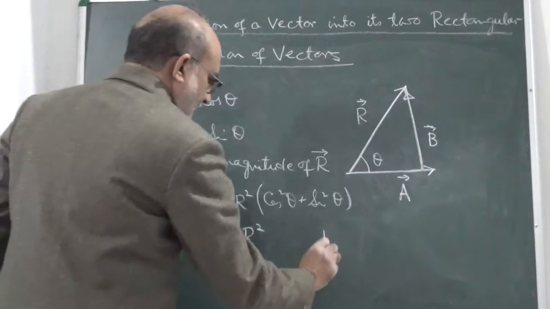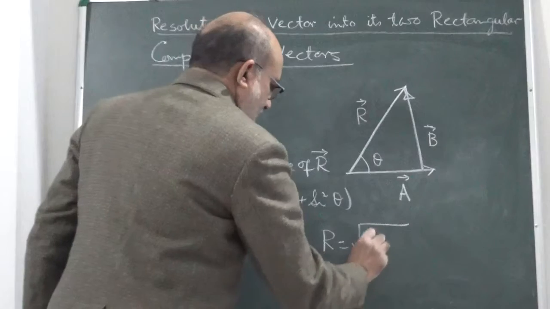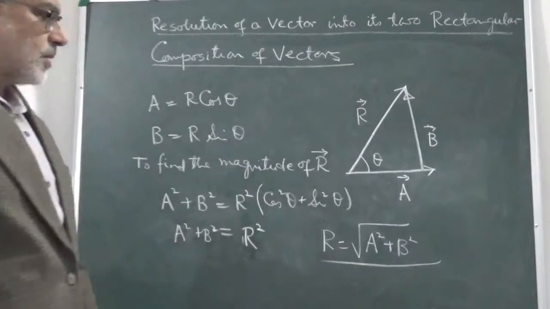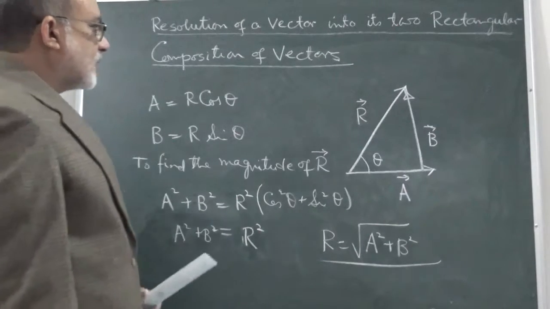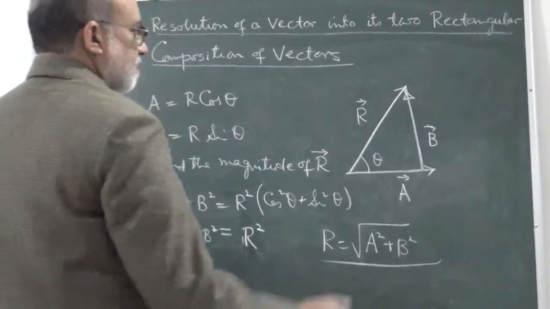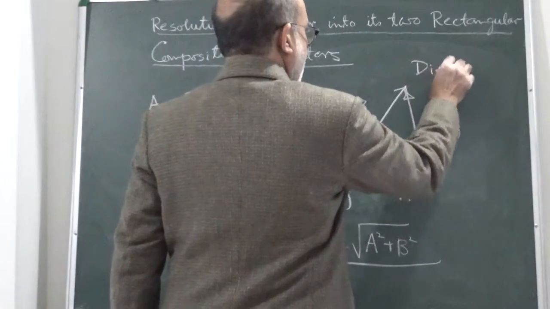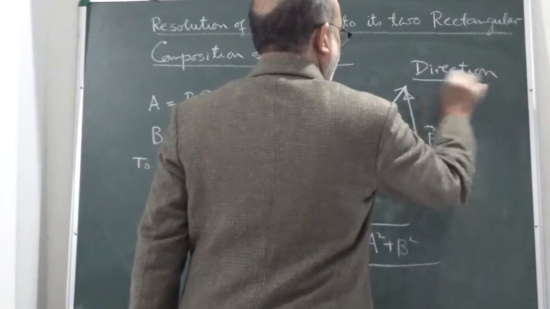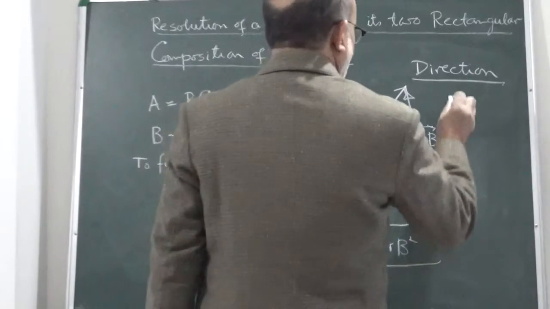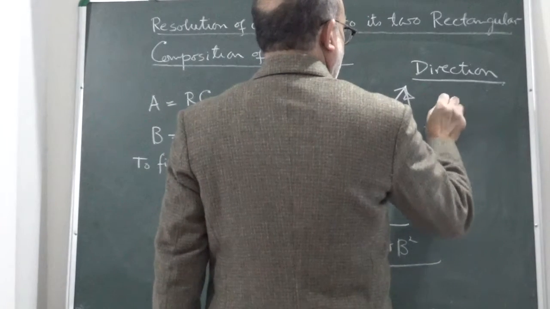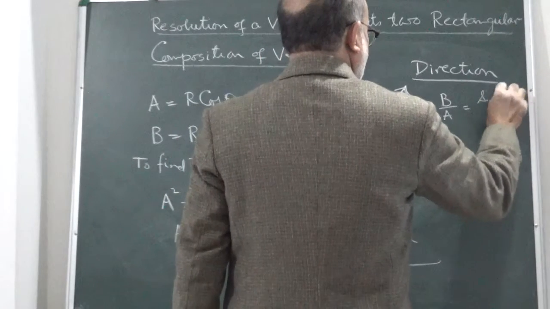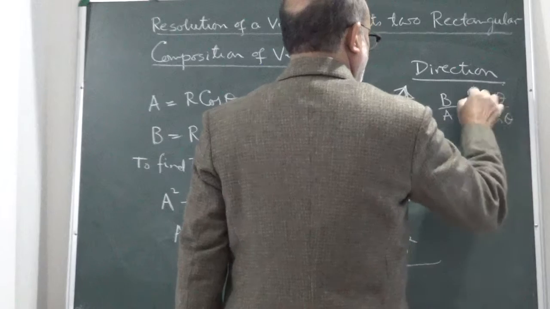So the magnitude of the resultant is given by the square root of A square plus B square, and the direction is given by theta. The direction of R can be found by dividing these two: B by A is sin theta by cos theta, R cancels out.